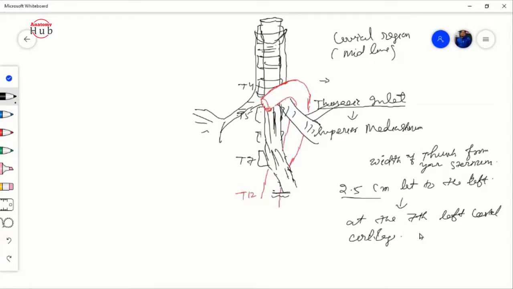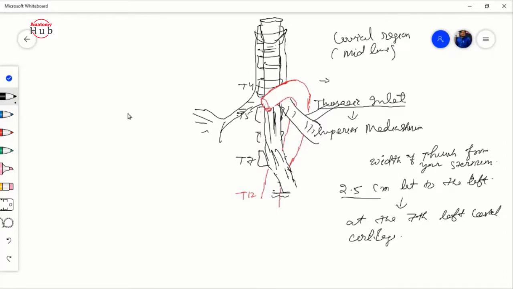That means from the sternum it is 2.5 cm, at the 7th left costal cartilage. Okay, you make a point there, and that is the exit point of the esophagus. Means that is the exit point of the thoracic esophagus and formation of your abdominal esophagus. Clear?